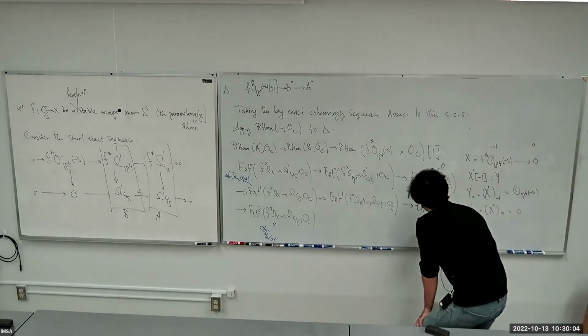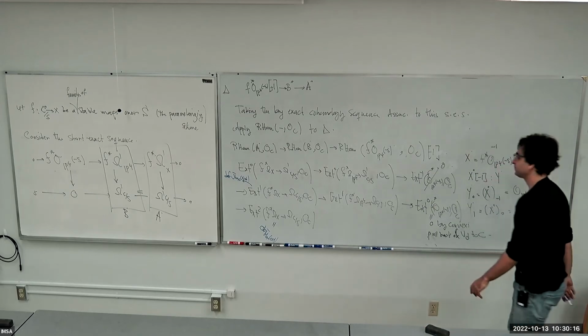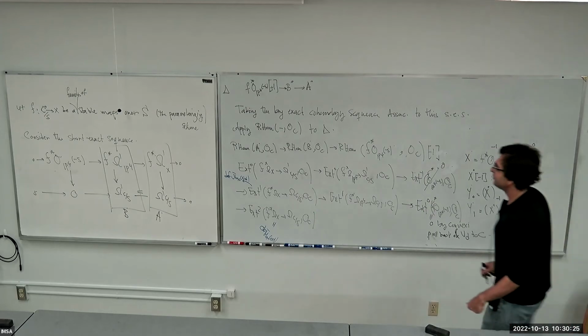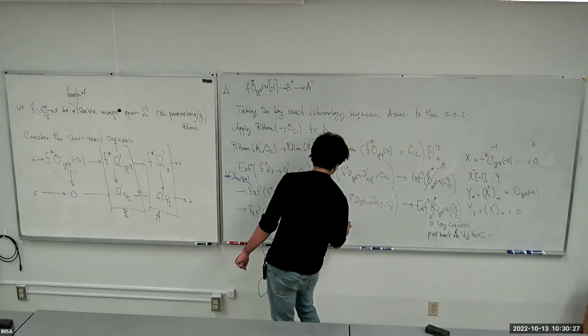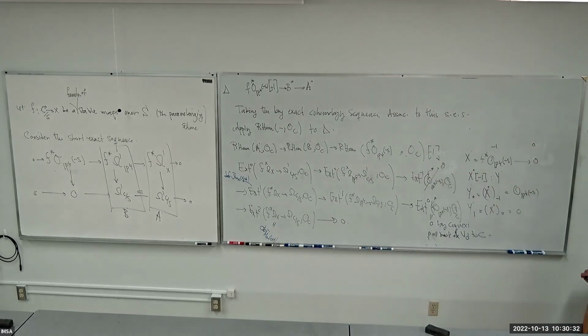So this would be the pullback of V of D to C. Okay. Yeah. And then the rest will be 0. Yeah, I think that's the problem. So you need to shift it by 1.